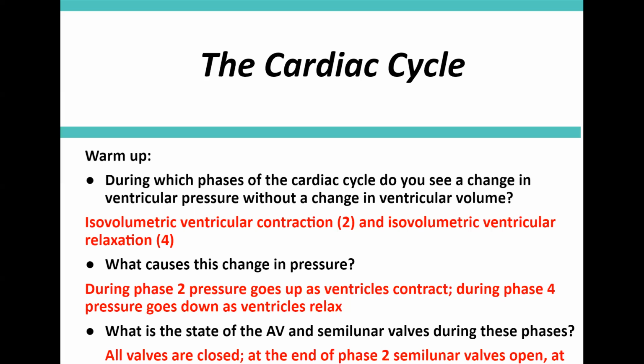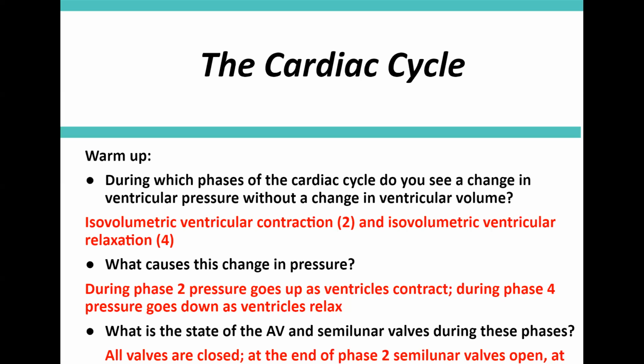Causing this change in pressure, the ventricle is either contracting, phase 2, or relaxing in phase 4, while all the valves are shut. So we don't see a change in the volume of blood in the ventricles. We keep that same amount of blood. None of it escapes because our valves are closed.